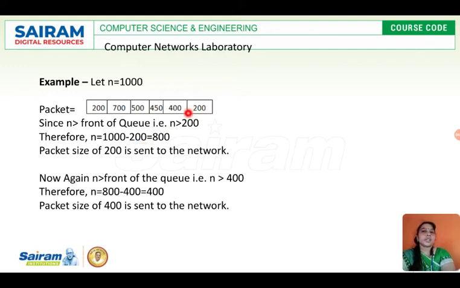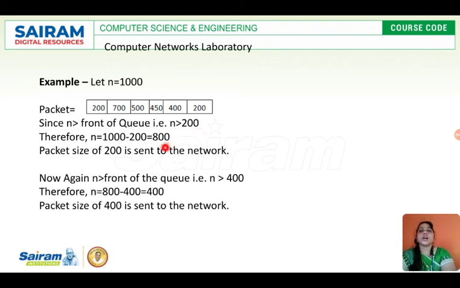It is nothing but the size of the packet, the data that every packet consists of. So we will assume 200 kb. My bucket size is 1000, which is greater than 200, so very easily I can accommodate this 200 bytes.